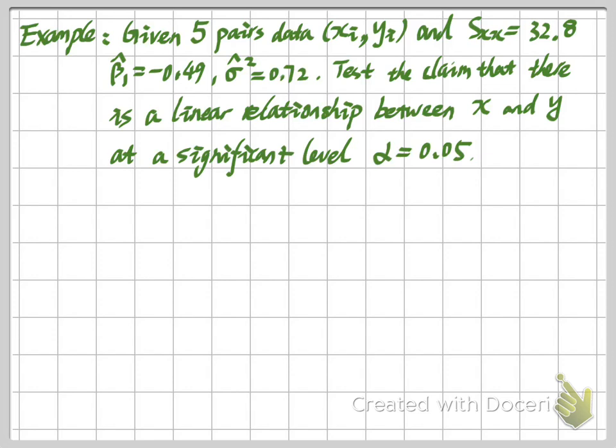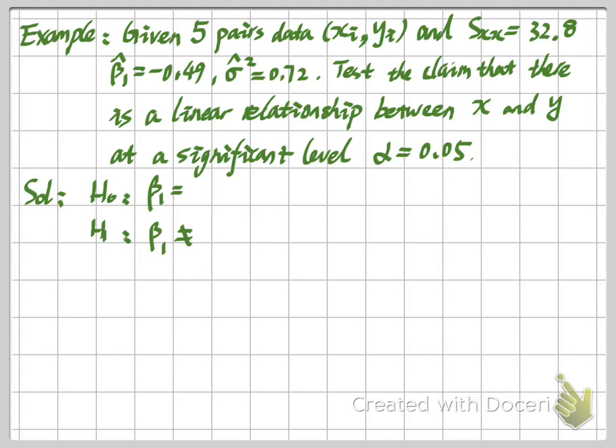The question asks us to do a hypothesis test of the claim: is there a linear relationship between x and y, for a given significance level alpha equal to 0.05? For this question, the first thing is to write down our hypotheses.